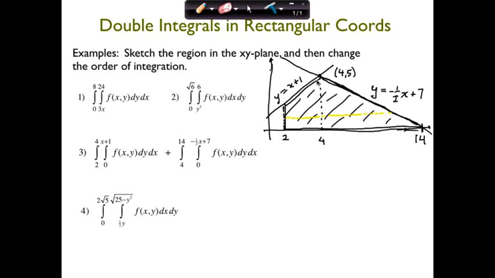So 4 doesn't matter from left to right. You don't have to go from 2 to 4 and then 4 to 14. You can just go all the way from 2 to this function, right? But for higher values of y, the left side will be x plus 1. Do you see it?